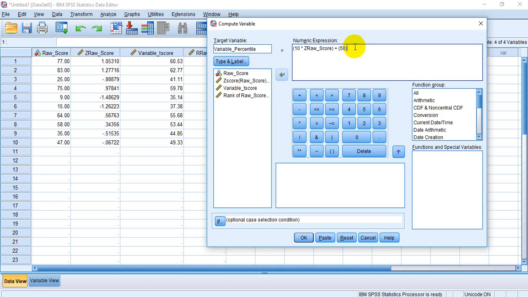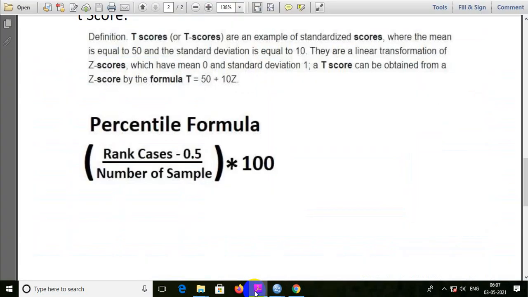Now we change. How is it possible? This percentile formula: ranking cases minus 0.5 divided by number of samples into 100.